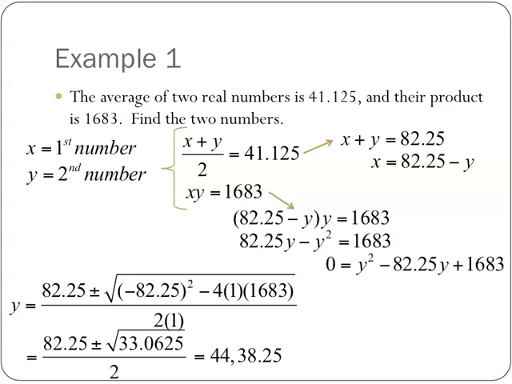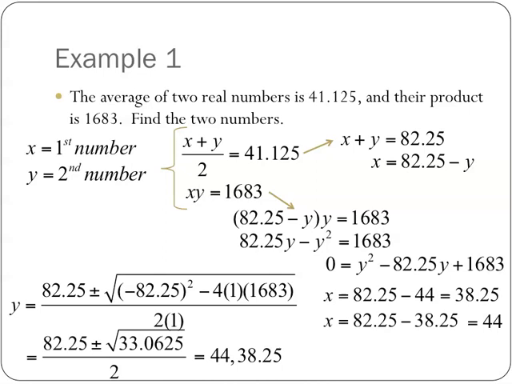Now, if y is equal to 44, what is x equal to? Well, you simply plug that into either equation, first or second equation, and you end up finding that 82.25 minus 44 ends up being exactly 38.25. And so if you did the same thing with the second value for y equaling 38.25, then we'd end up with 44. So the 2 numbers, in fact, are just 44 and 38.25.